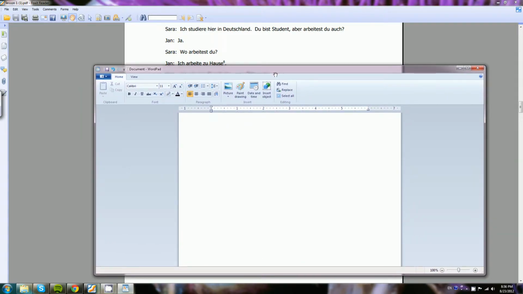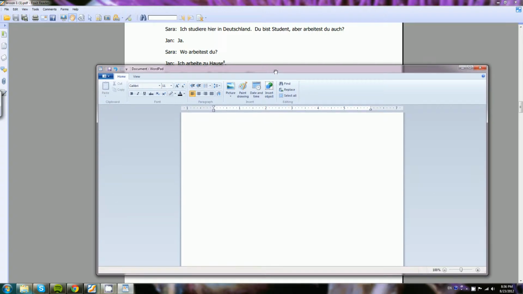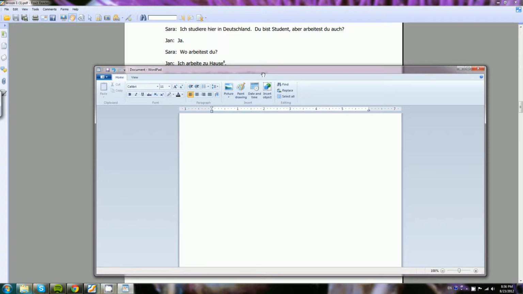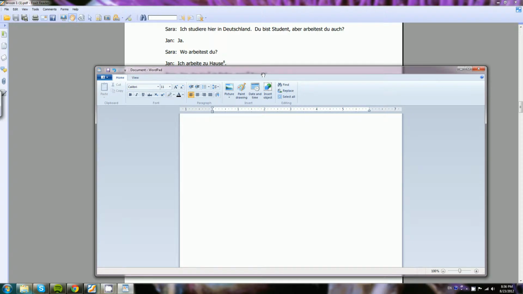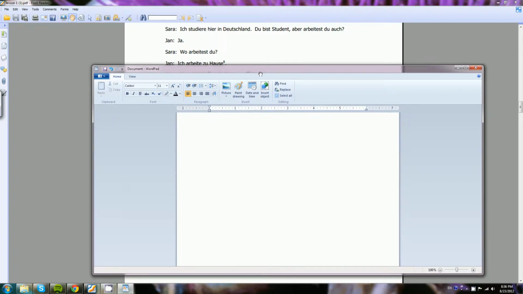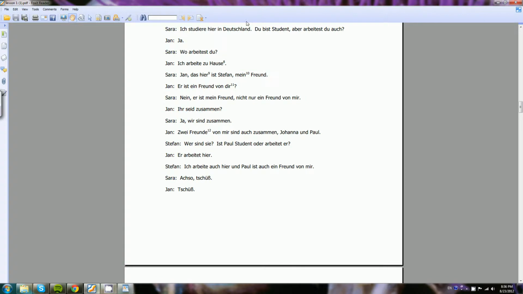You can also say "wir sind Freunde," and that avoids the whole gender issue. If you're talking about your girlfriend or your boyfriend, you wouldn't say "wir sind Freunde." So that kind of makes it clear too.